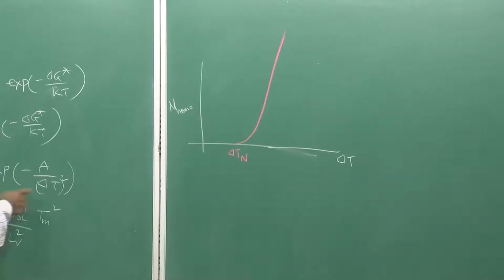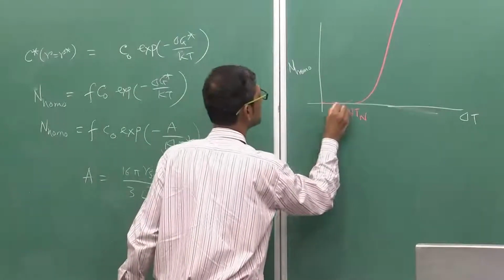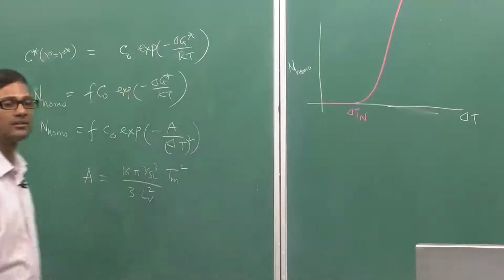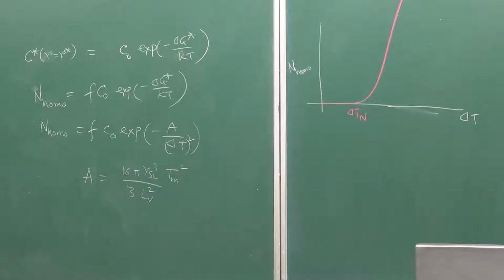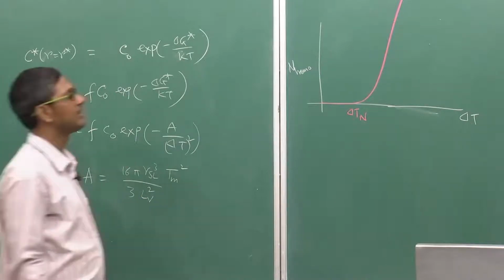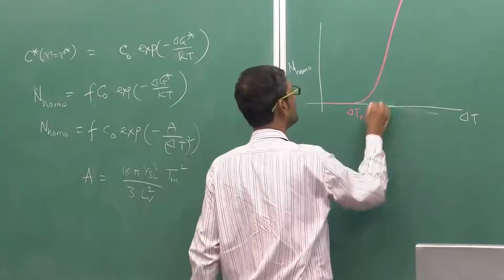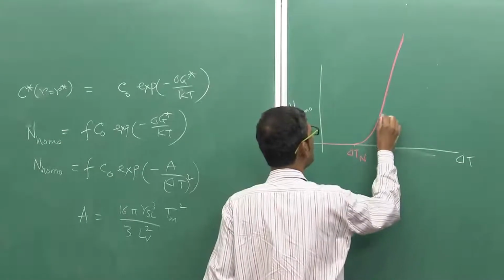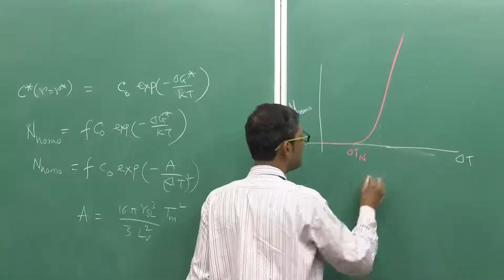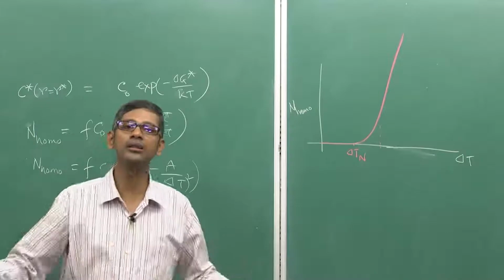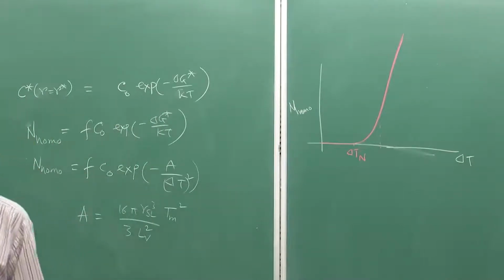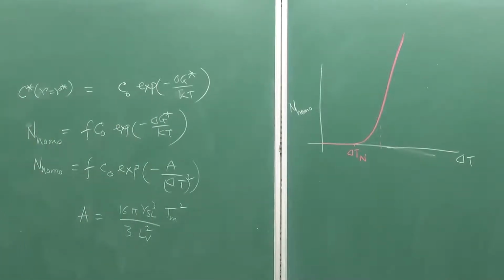Because this exponential term looks like this. Because of the minus, there is an explosion of nucleation, and within a small window of delta T, all that nucleation will happen in the liquid. So, that is how the nucleation rate depends on the undercooling.